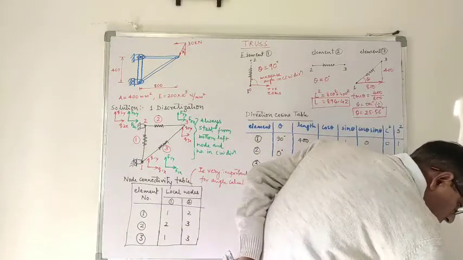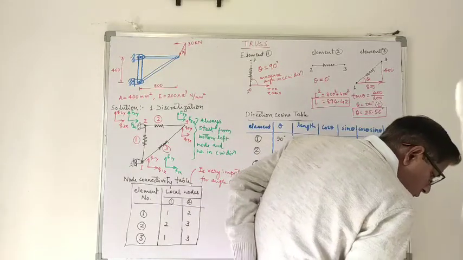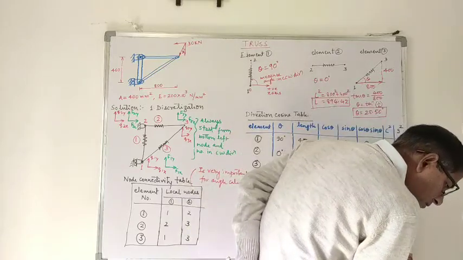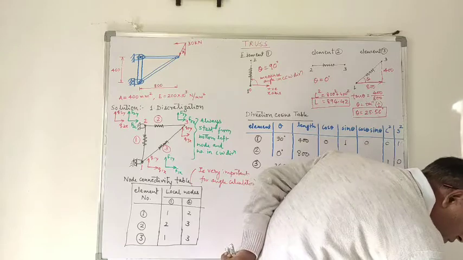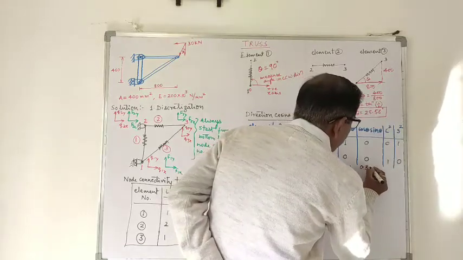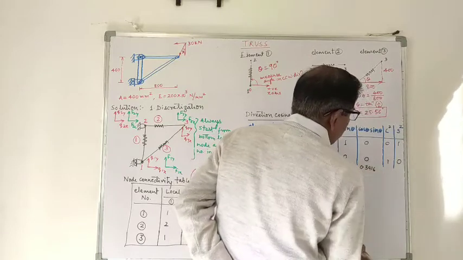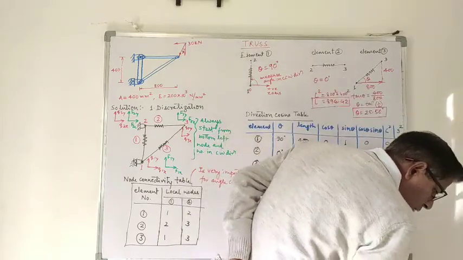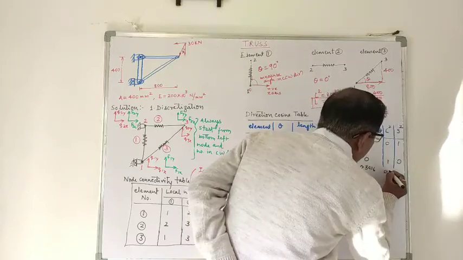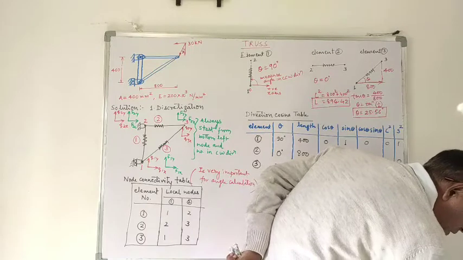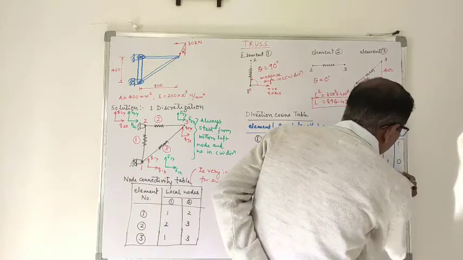Then cos square is 0.79. Sorry, cos theta sin theta is 0.3916. Cos square theta is 0.79 and sin square theta is 0.19.